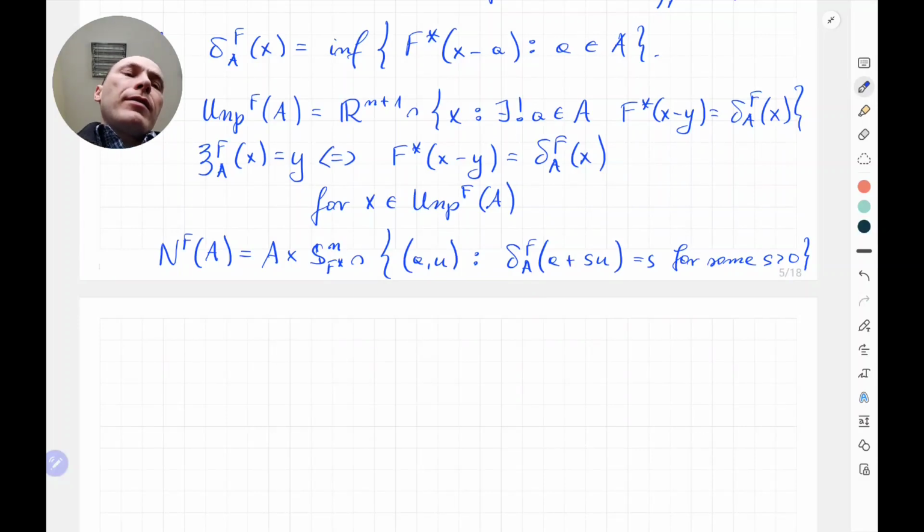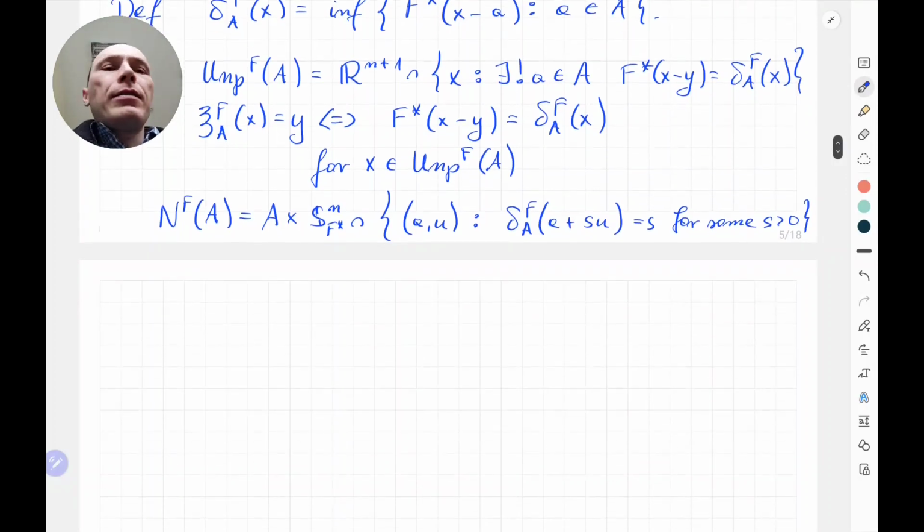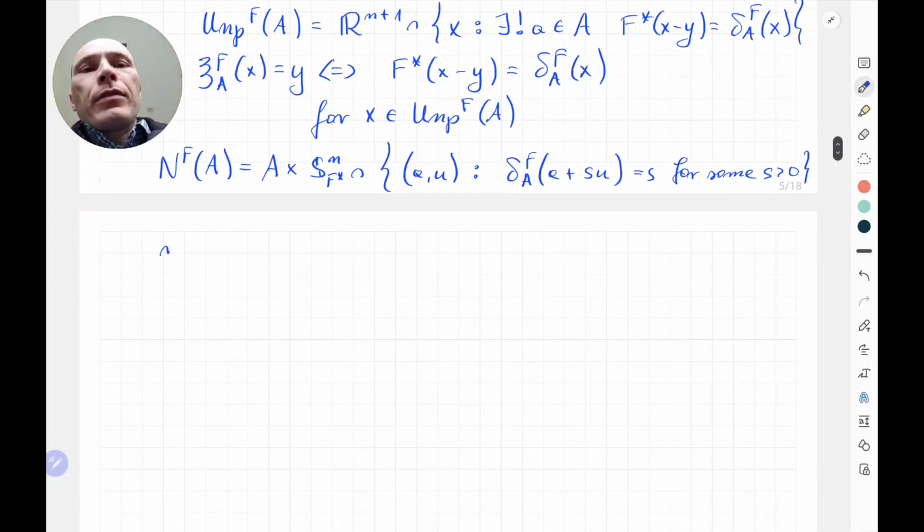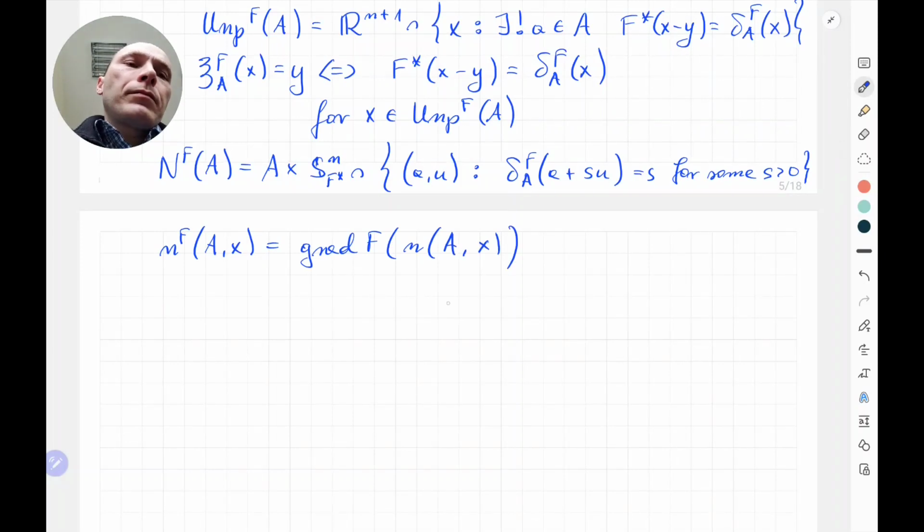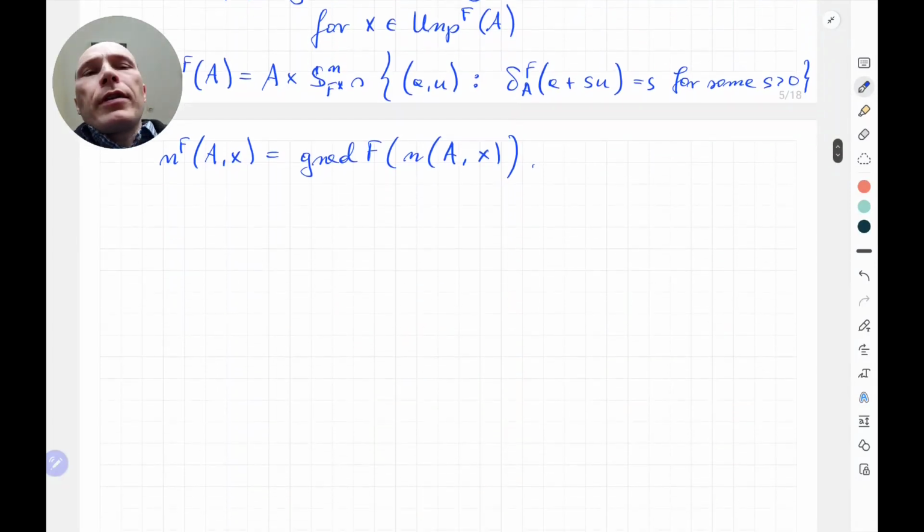Not all points in the boundary of A have this property, but some of them do. This is called the F-normal bundle. We also define the F-normal vector, which is just the composition of the gradient of F with the Euclidean normal vector. Now consider the following situation.